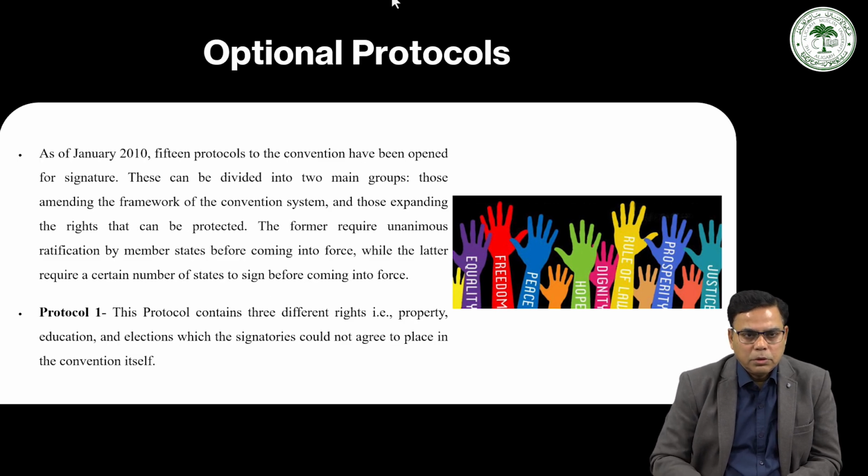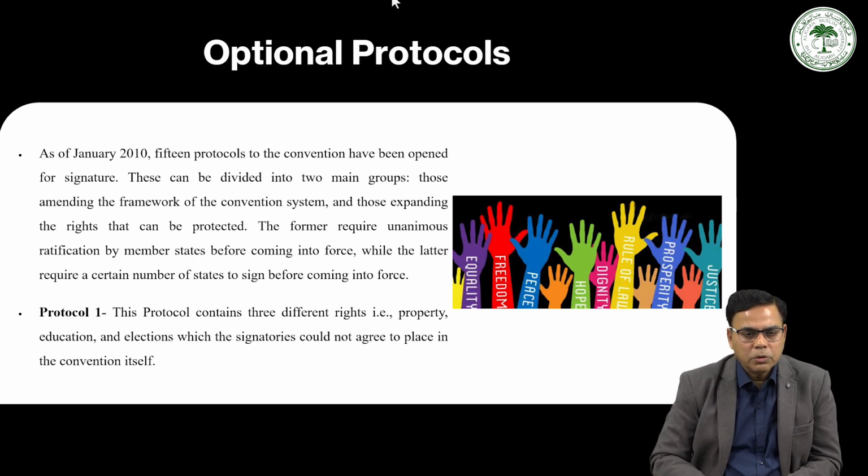Optional protocols. That is again another significant feature of the European Convention on Human Rights. Basically, you will find that today, in 2024 when we are sitting, 16 optional protocols have been adopted.